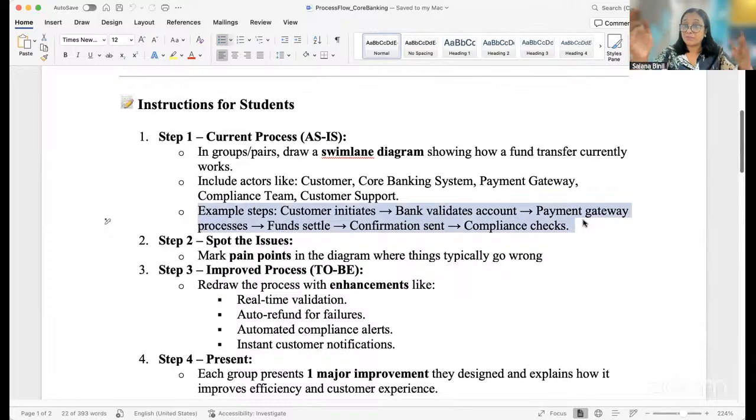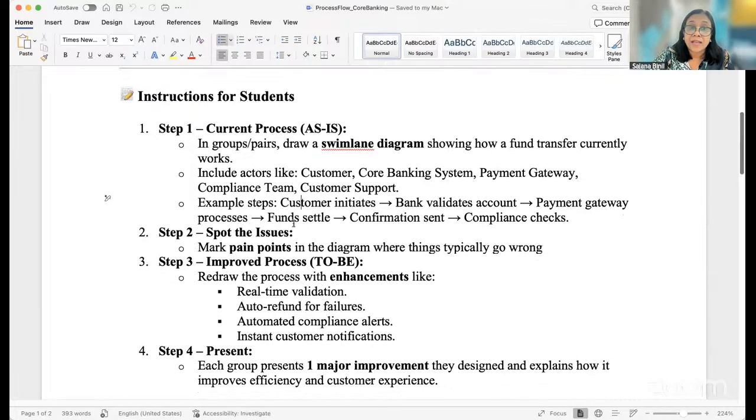I did not give you a very long document with a story so that we can complete the activity in time. Okay, these steps have to be laid out in a process flow diagram. So that's the task for today. Okay, and in step 2, I will help you spot the issues. Okay, we will talk about the pain points, the customer pain points where things typically go wrong.